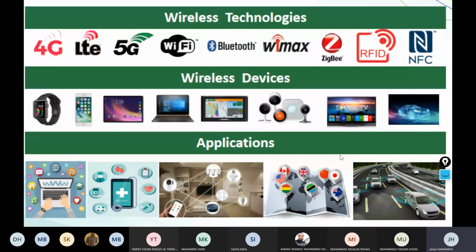I mean, since I told you that wireless is becoming an indispensable part of our daily life, all your transactions, all your communication, all your messaging, all your data, all your activities are being done within your device.